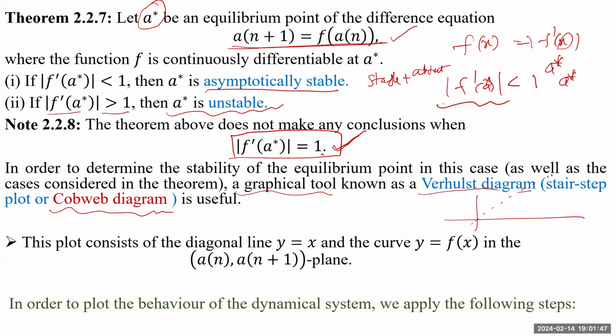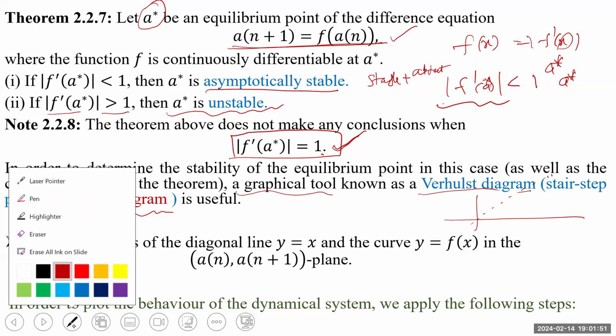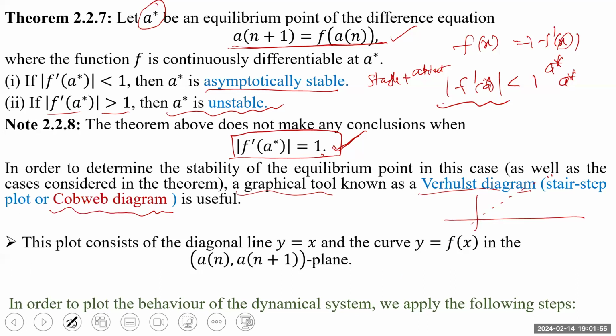Suppose your graph is y equals f of x. This is y equals f of x, and this is the line y equals x. Suppose this is a point, A naught.